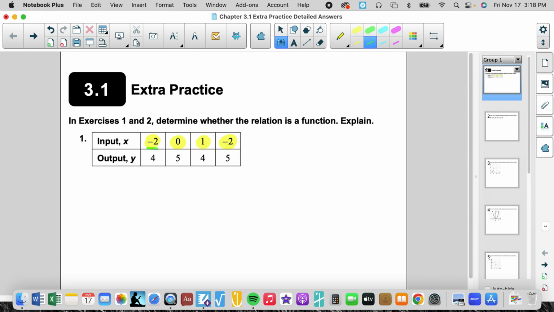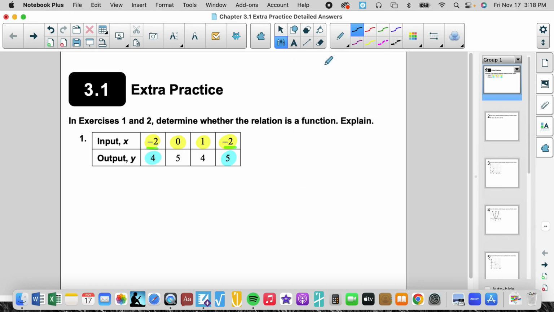Yes, -2. If we want to know if it's a function, when we input -2, we should only get one output, the same output. When you input -2, you get +4, and then when you input -2 again, this time you get 5.